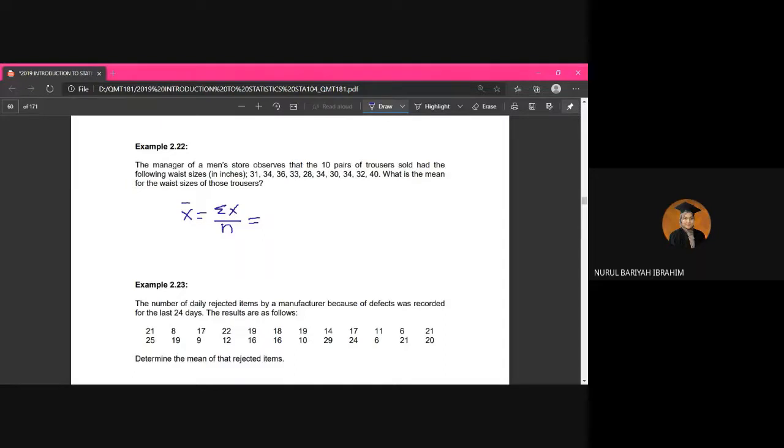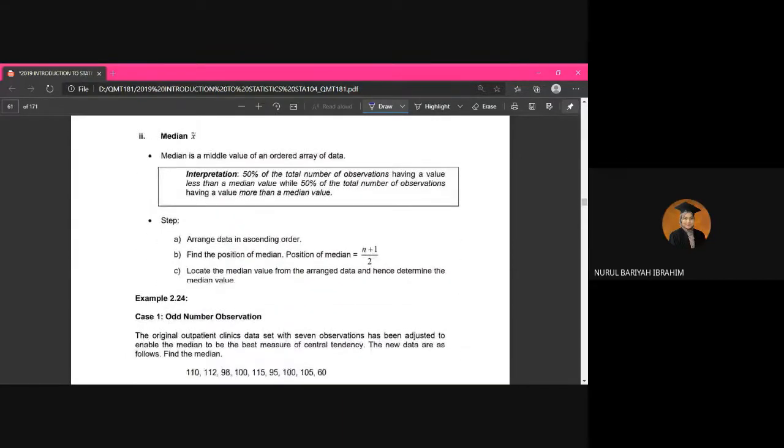It is 332 divided by 10, so it is 33.2. So we can say that the average waist size for 10 pairs of trousers is 33. We approximate to 33.